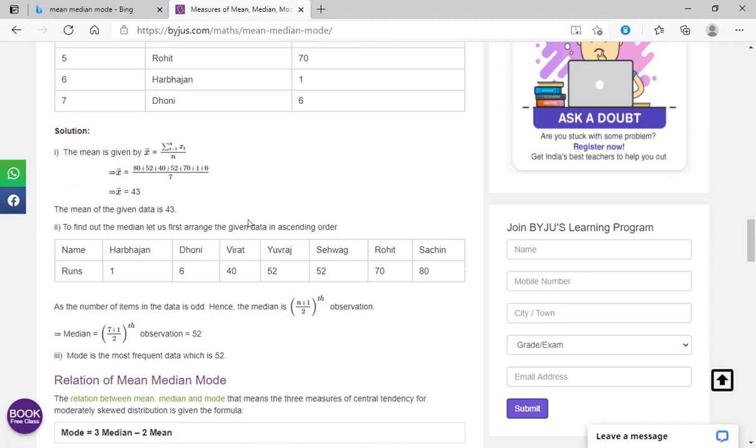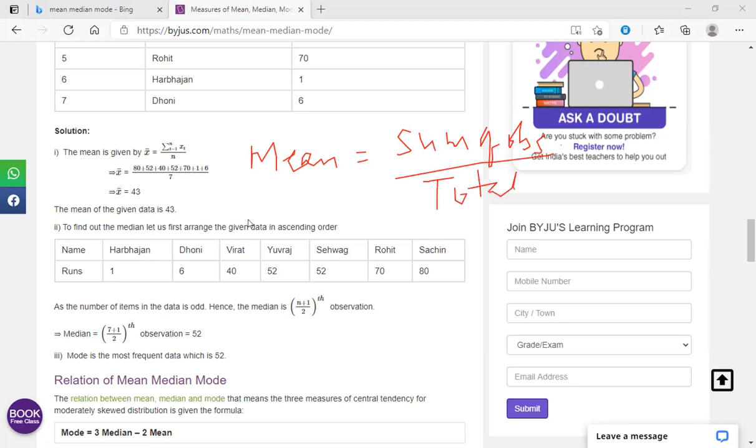So mean equals the sum of observations upon the total number of observations. The sum can be written as sigma xi, i equals 1 to n.